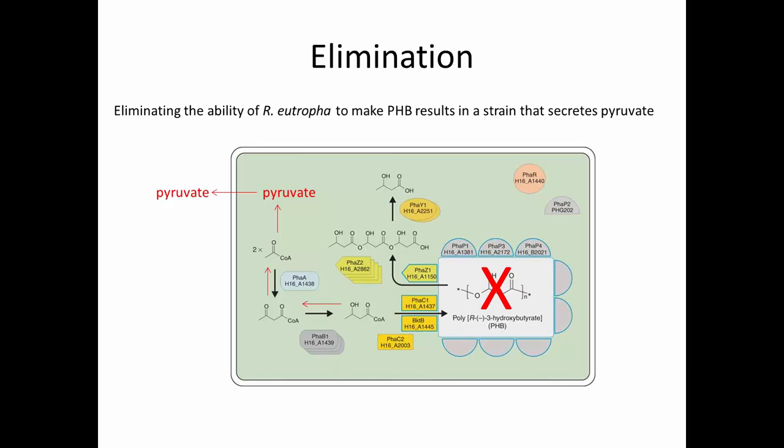There's a number of things that could be going on there. And the pyruvate pool just gets too big. So it's got to do something with it, and so what it does is it secretes it. Maybe in the hopes that other Ralstonia could use it. Who knows? But it has been shown that Ralstonia eutropha will secrete pyruvate if we eliminate the polyhydroxybutyrate biosynthetic pathway.